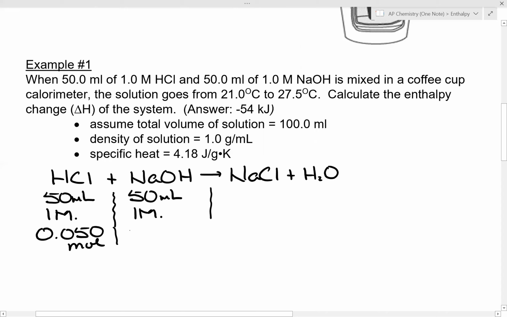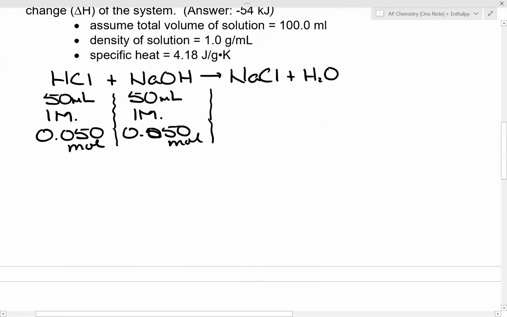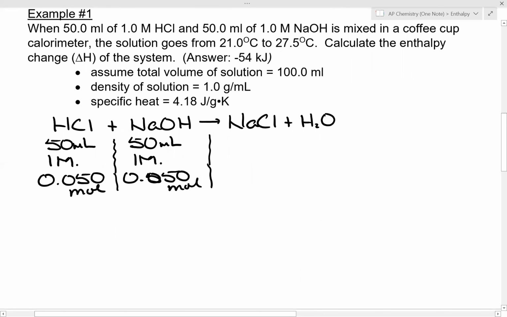You also have 0.050 moles. Now, the one thing in the back of your mind you have to remember is recall Q of the system is negative Q of the surroundings.